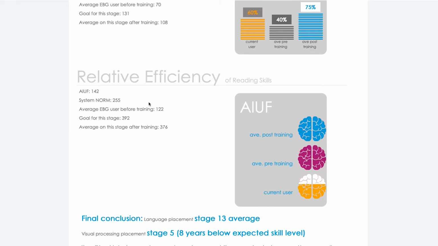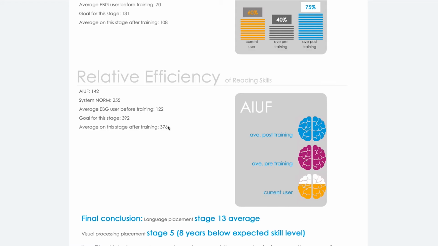The average EBG user before their training was 122, so not too bad. This person actually achieved more than the average, but the goal is 392 for the stage, and you will see that the average achieved was 376.